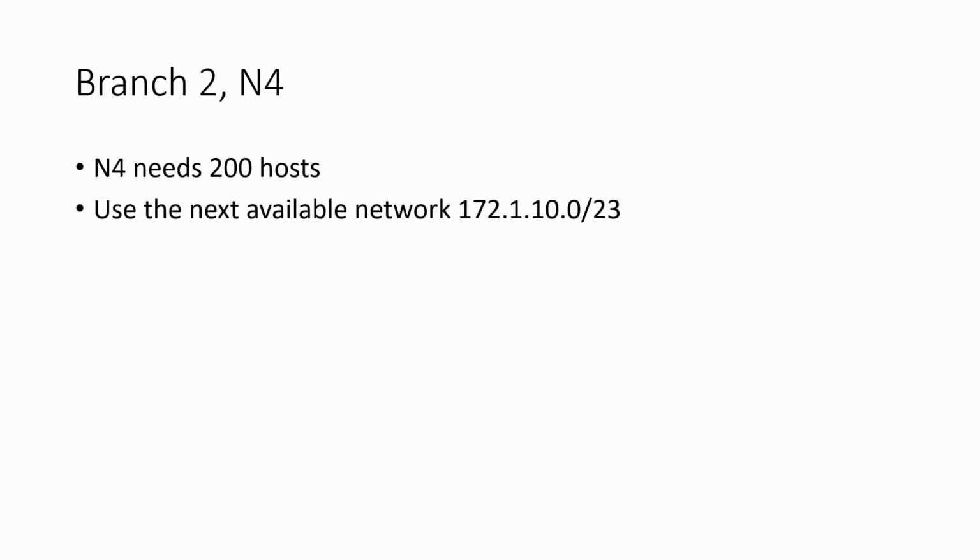Then this is simple. For 200 hosts, we need 8 bits. The next available is 10.0/23. So we use the next available network and subnet it to create the subnetwork for M4. Based on the 200 hosts required, we need 8 bits.